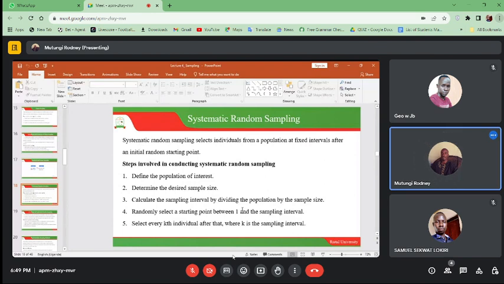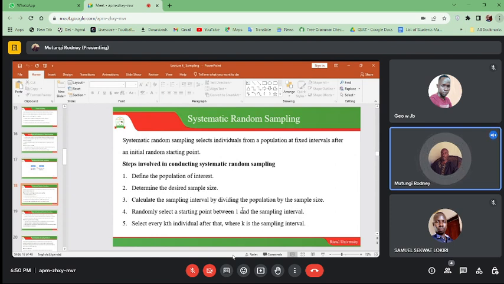Then step number 4 would be now to randomly select a starting point between 1 and the sampling interval. So you again do the simple random sampling to select the starting point. I want 100 out of this 1,000. My sampling interval is 10.